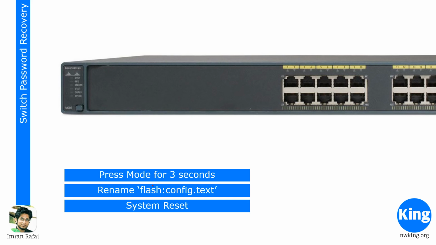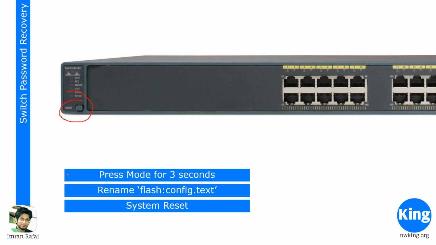So what we need to do is first unplug the cable from the back of the switch and then reload the switch, or if you have access to privilege mode, then you can do reload, and when the switch is reloading, press this button. Can you see this button? Press that button for 3 seconds. When you press that button for 3 seconds, automatically it will go into ROMMON mode, right?